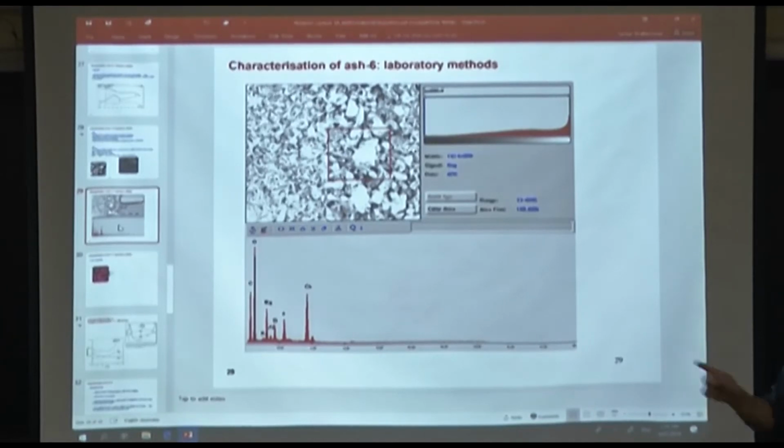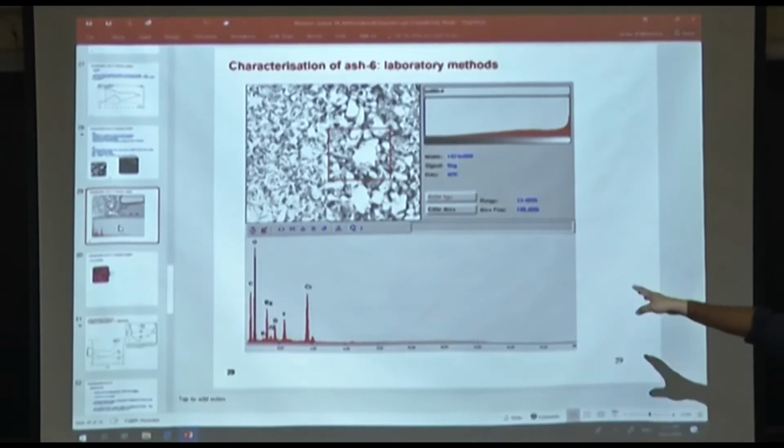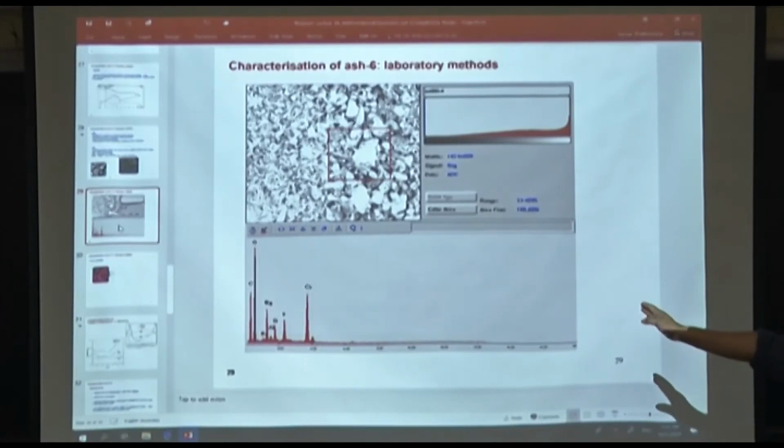So it's not discriminating on the basis of crystalline or amorphous compound, which X-ray diffraction does. So whatever you get from here is whatever is there, right? Amorphous, crystalline, etc. And the beauty of it is that you can then calculate the approximate formula for that composition at that point.